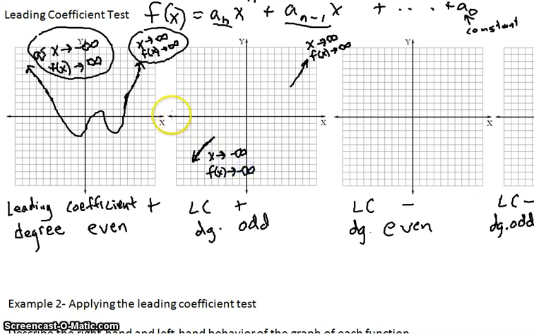What that means is as you go left on the graph, it goes farther and farther down. It doesn't matter what the rest looks like. We're going to talk about how you fill that in, but it could look like this. It might not even have one turn at all. It could look just like a line, because a line is a degree 1 function. But that is the general shape, and these two parts right here are the important parts.